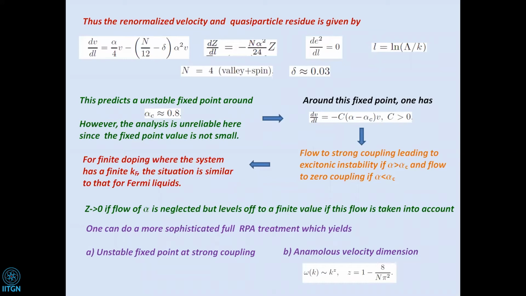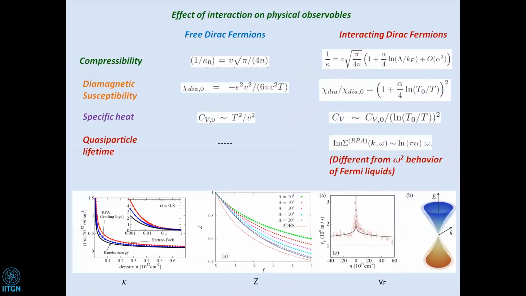However, there are changes. Any of these quantities now receives correction due to this electron-electron interaction, and anything that you measure, like compressibility, diamagnetic susceptibility, specific heat, quasi-particle lifetime of graphene, essentially now has these logarithmic corrections that come in because of this electron-electron interaction.